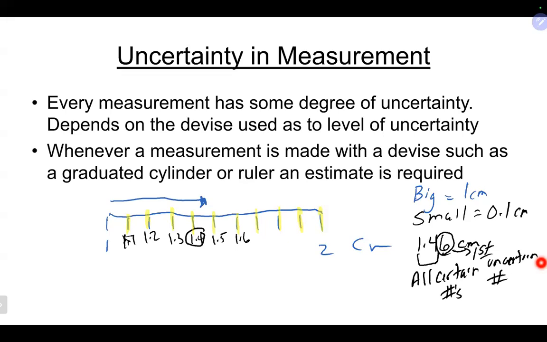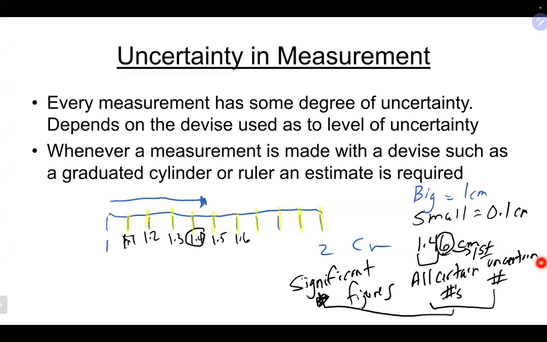When you do both of those things, that is really the significant figures. So this measurement of 1.46 would have how many significant figures? It would have 3 significant figures.